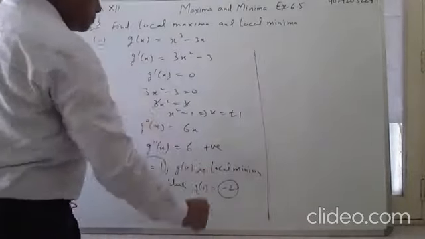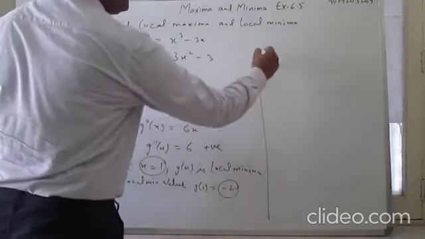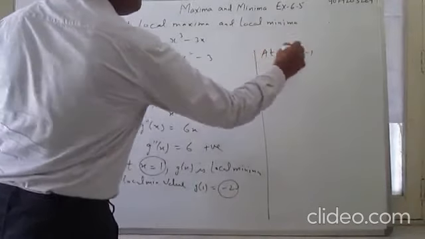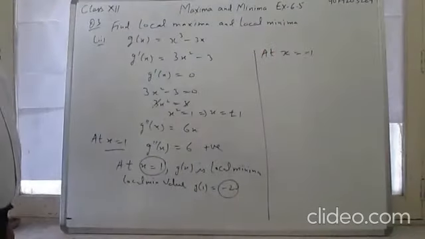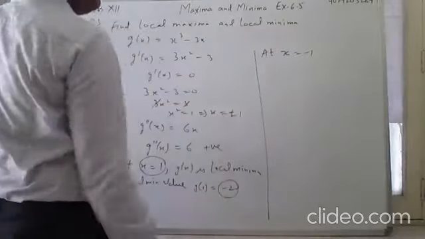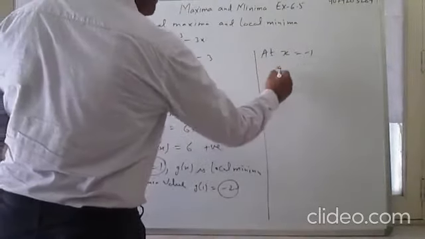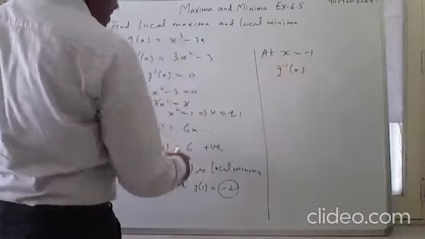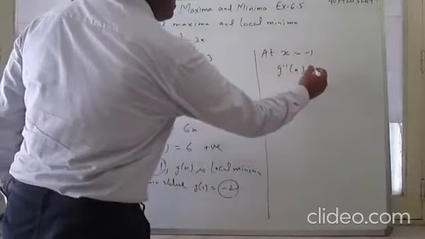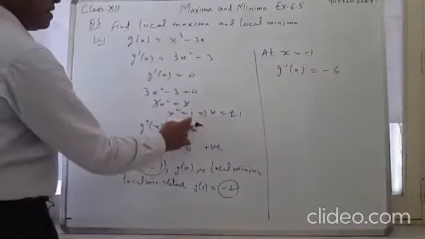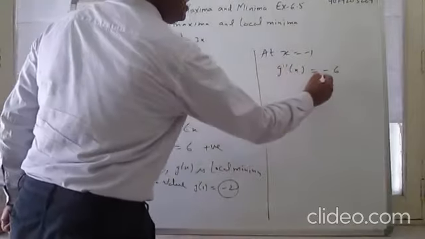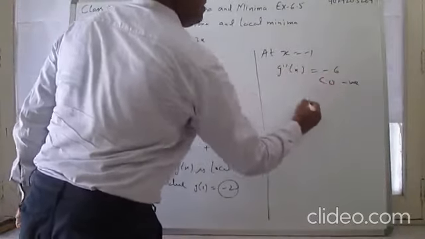Now at x is equal to minus 1. So what is g double dash x at x is equal to minus 1? Putting minus 1, it is minus 6, less than 0, that is negative.